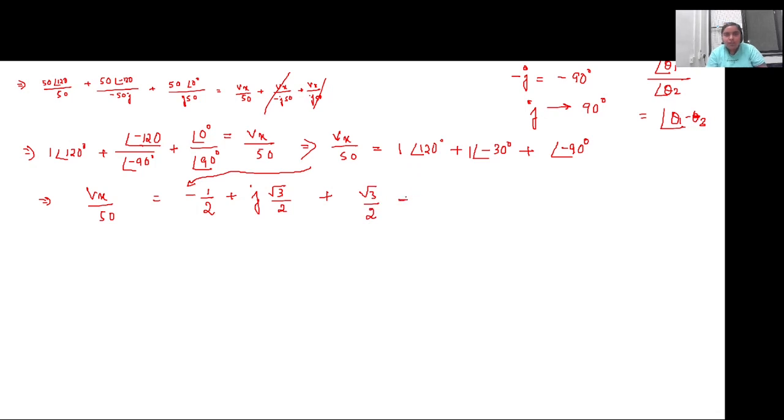Now sine of minus 30 is minus sine 30, so minus half, right? Now again cos of minus 90 is equal to cos of 90, which is equal to 0. And sine of minus 90 is minus sine 90, that is equal to minus 1. Is this clear?